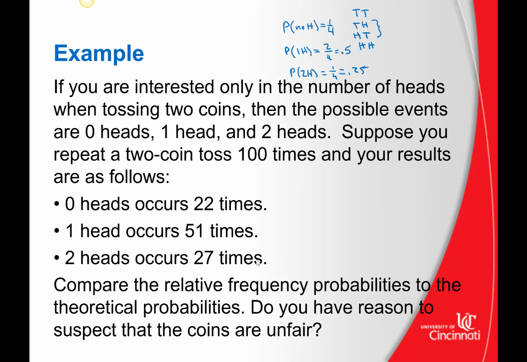Okay. Let me ask you this. If we came up with 0 heads 3 times, would you be suspicious of that? That's off pretty far, isn't it? Does that mean that we cheated, or is it possible to flip no heads? I mean, could it happen?